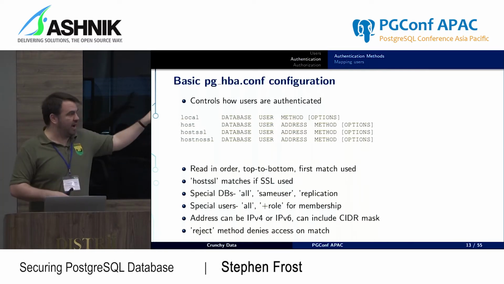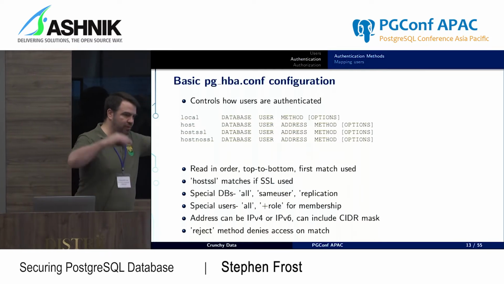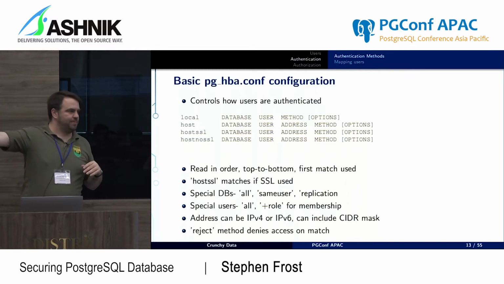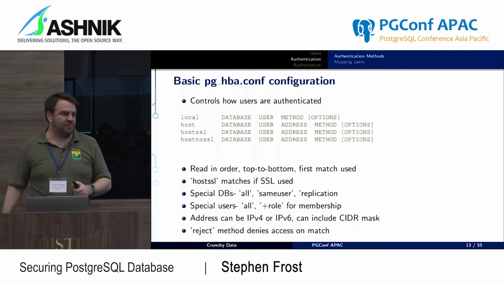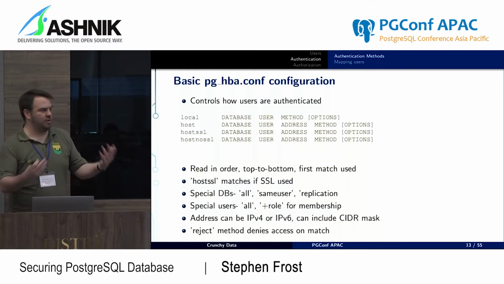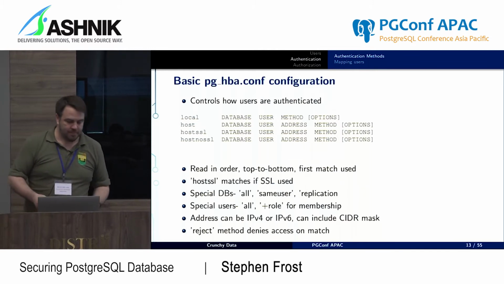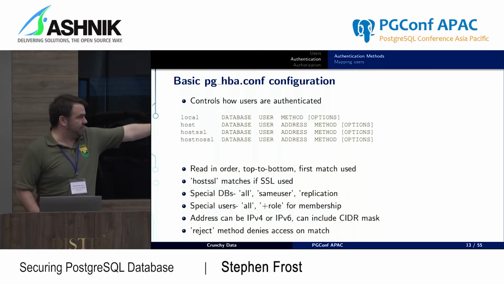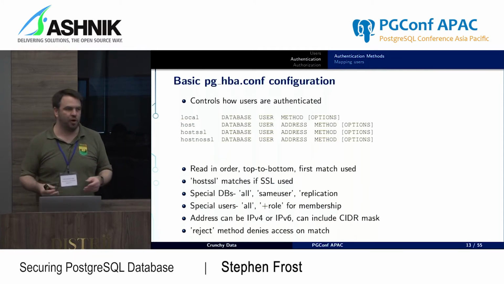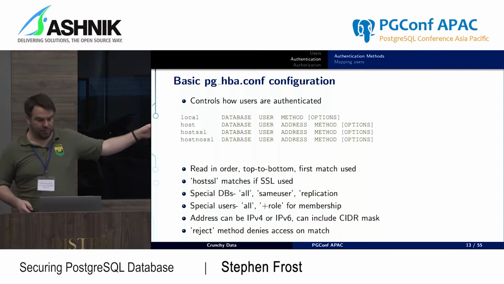And then once we're scanning through the file and we find a match, then we get a method. We're going to talk about the different methods that Postgres offers in a minute, but that's essentially the way that the user is then authenticated. Note that there are some special databases and special users here that you can use for catch-all or wildcards, or for things like membership.